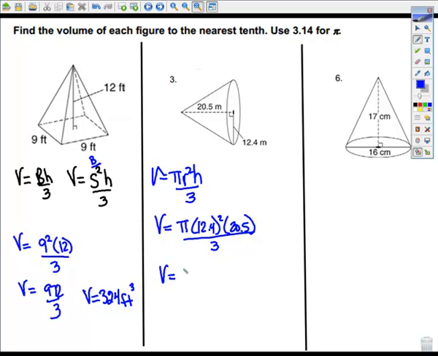I'm going to keep it in terms of pi until the end. We have 12.4 squared times 20.5, and then I still have pi over 3.